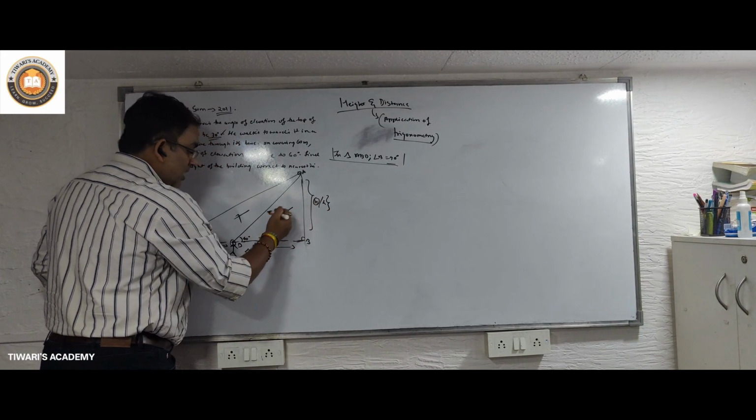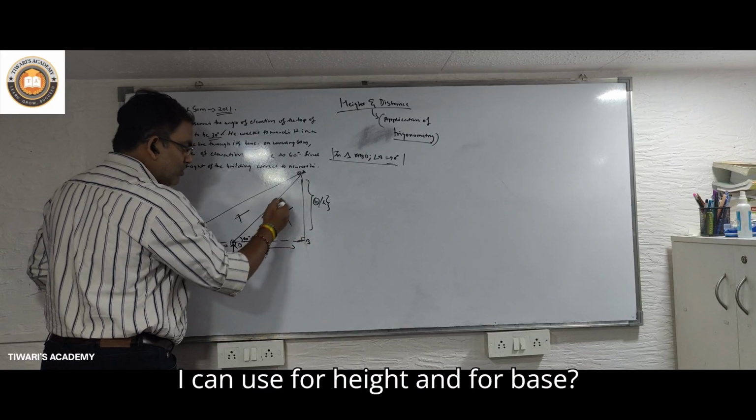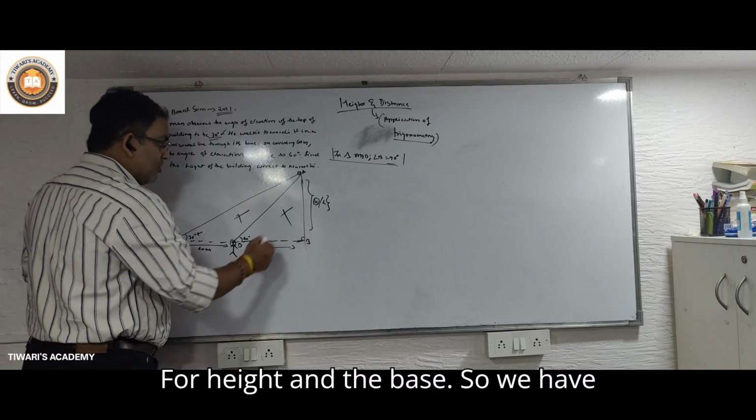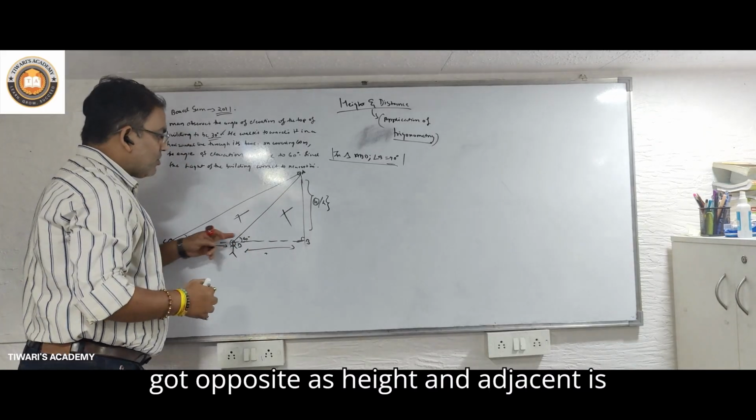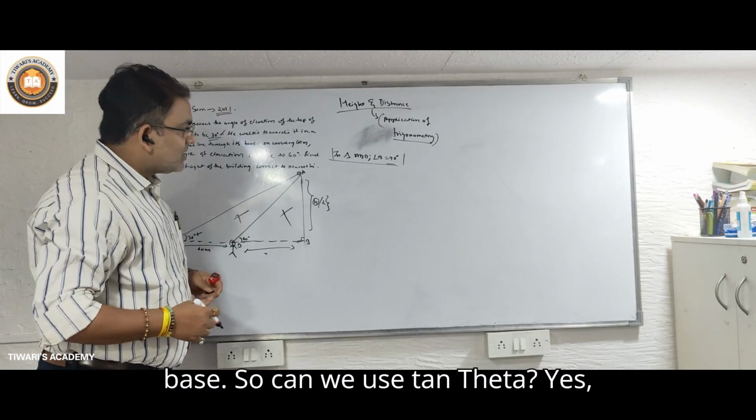Now what trigonometrical ratio can I use for height and base? Opposite is height and adjacent is base, so can we use tan theta?